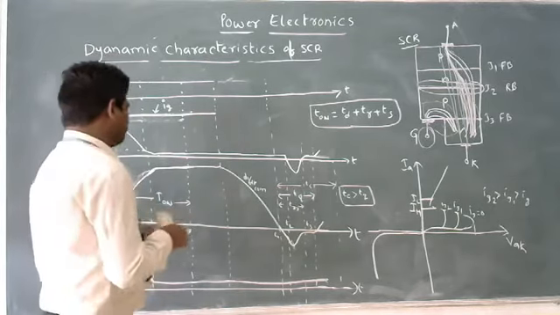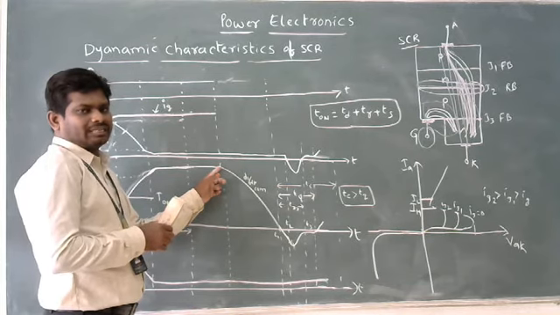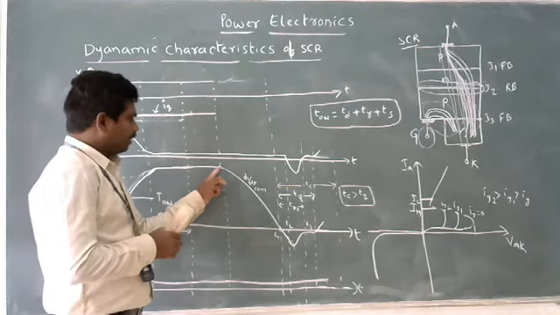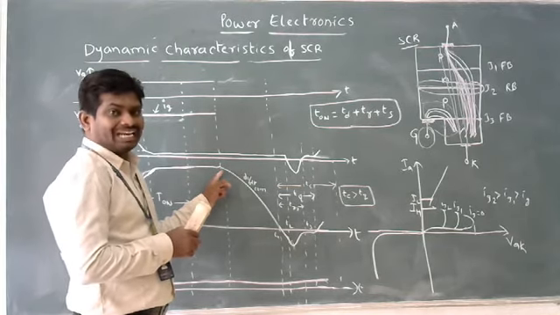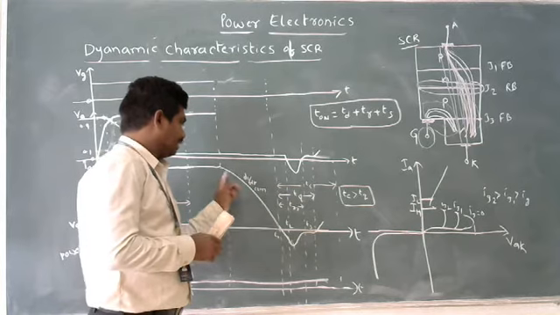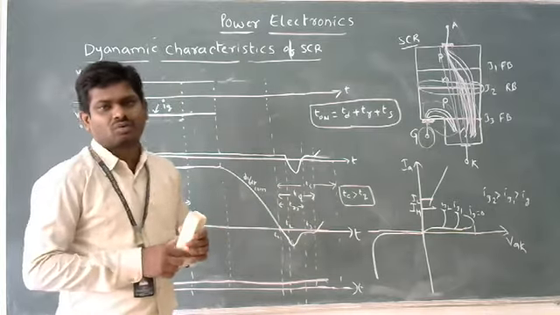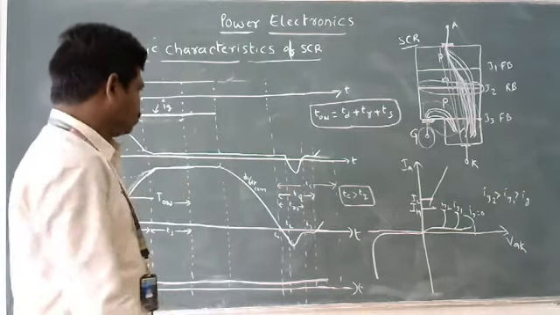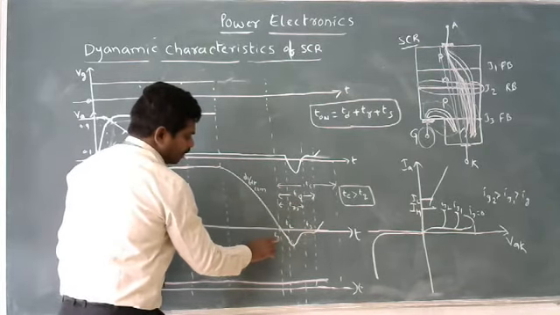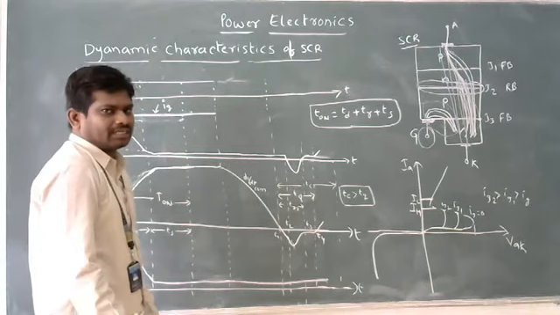Then, when we apply the commutation process to bring the SCR into the off state, the forward blocking state, the current flowing through the device decreases like this, reaching zero. This is time T1, this is T2, T3, and T4. Four different timings that I have mentioned here.